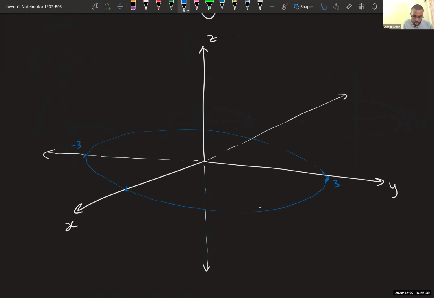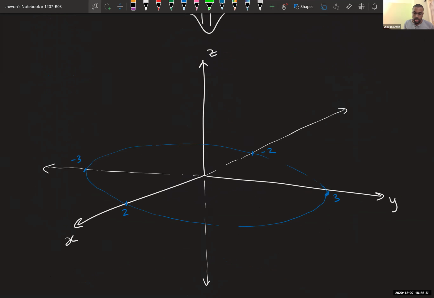Then I have in the YZ plane, so I'm imagining this is on the wall, on the YZ wall, and it's also an ellipse.